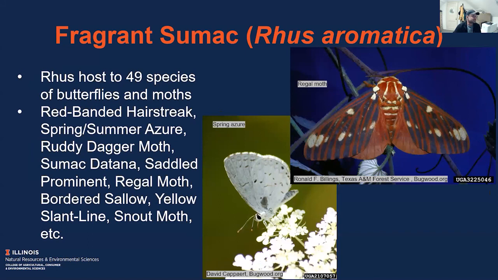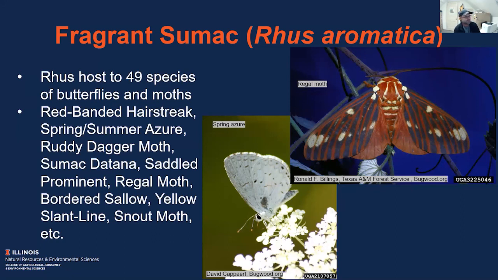Some of the insects that will make use of sumac. So that's another thing I forgot to mention. The native plant finder that I use to come up with these numbers of different host plant species that use these plants for hosts, a lot of times they're not looking at specific plant species. So in this case, the plant finder used Rhus, the Rhus genus, which is all of the native sumacs, to say that 49 species of butterflies and moths are making use of that.